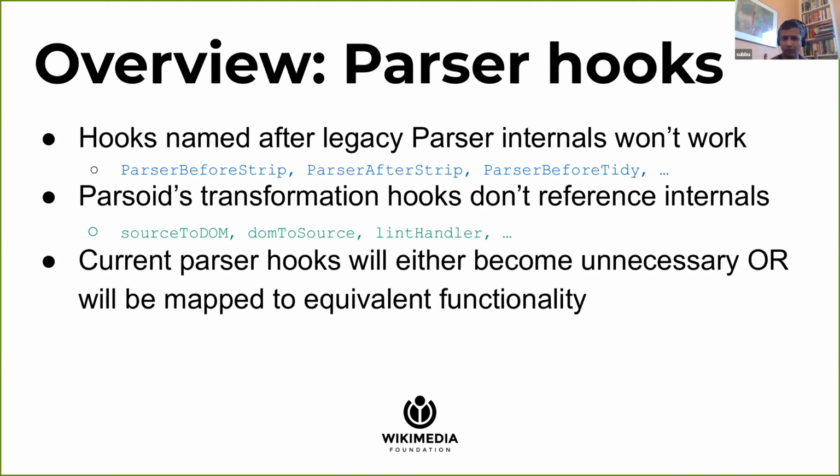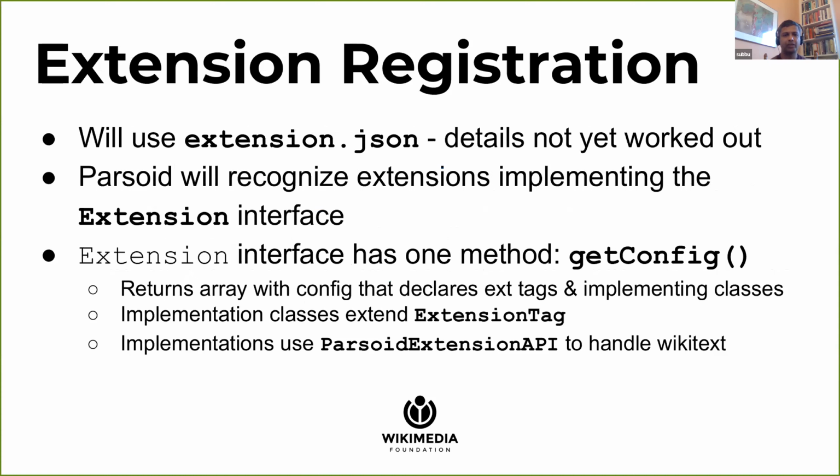So source to DOM, or DOM to source, or lint handler. Right now, these are the only 3 hooks we define, and I expect going forward, we'll probably have a few more. And we'll also probably figure out how to map the current hooks to the new hooks. So you don't have to worry about that right now, but that's the plan.